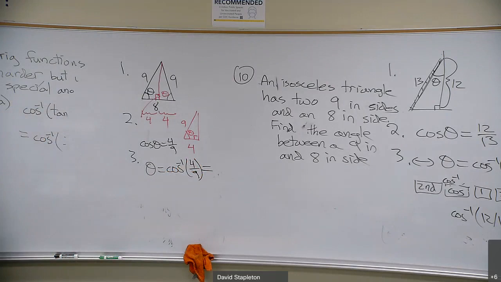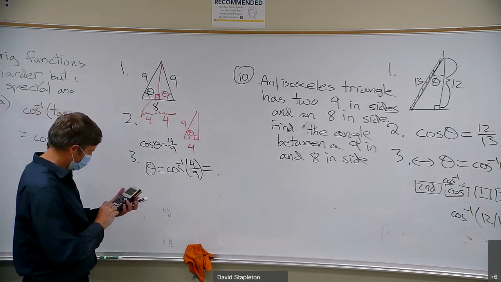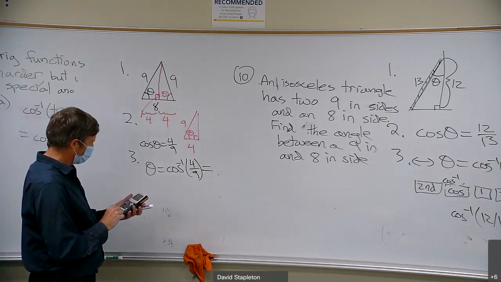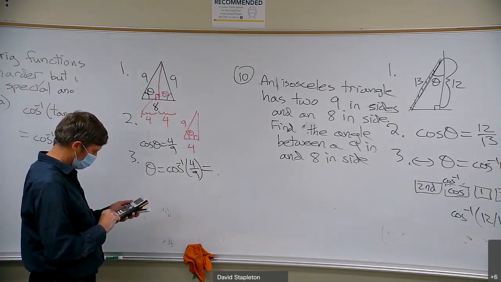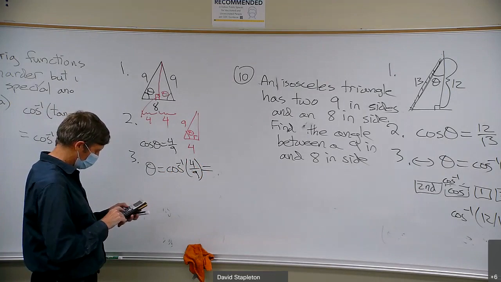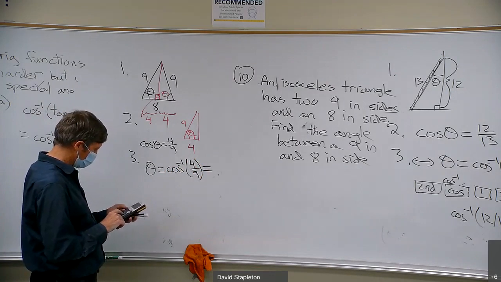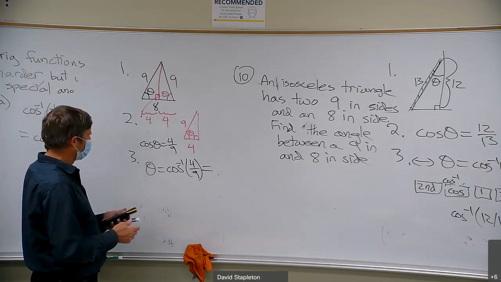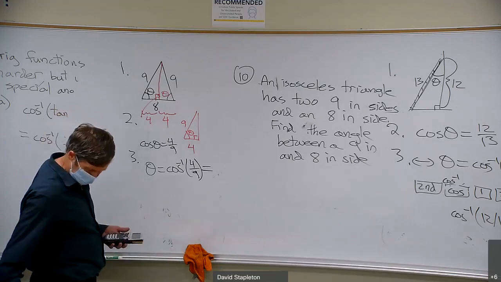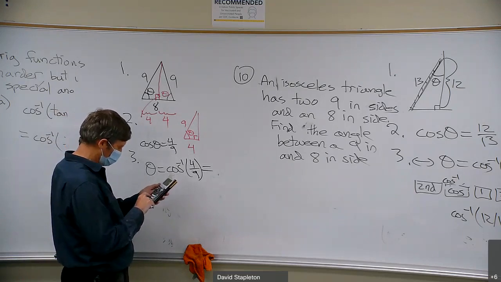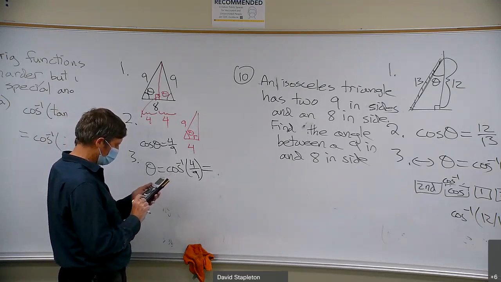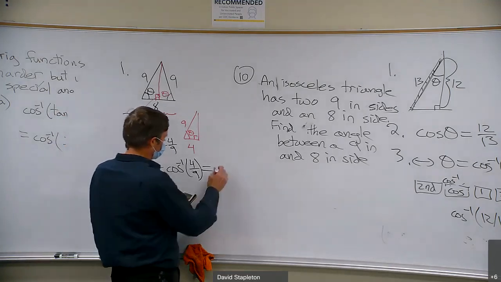Is it square root 3 over 2, 0 or 1, or minus any of those? Then it's from a special angle. Otherwise, you just run the calculator. So inverse cosine, this one wants degrees, so I'm going to put it in degrees mode. Degrees mode, if I push inverse cosine, 4 divided by 9, I get 63.6 degrees.